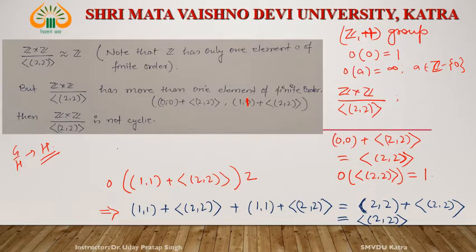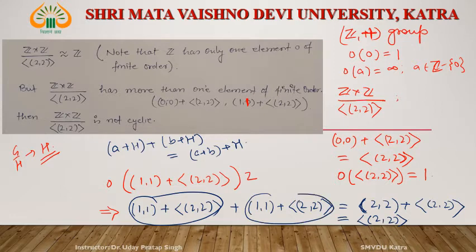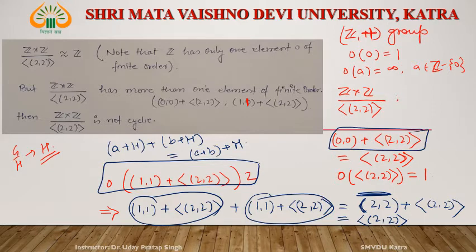Since we know that the operation of the quotient group is (a plus H) plus (b plus H) equal to (a plus b) plus H, right? What is 2? 2 is (1, 1) plus (1, 1), that is (2, 2). Then the order of this element is 2. Means the order of the identity is 1 and the order of this element is 2.